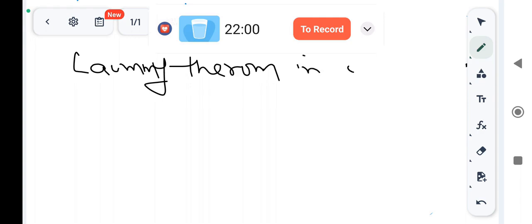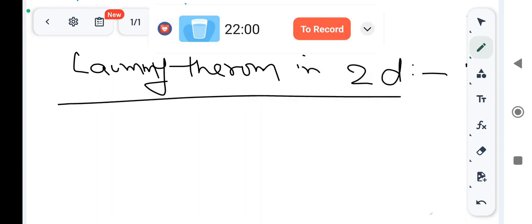In two dimensions, what will happen? Suppose this is a point O. Suppose this is a point P. At point P there are three forces. Suppose at point P three forces are acting.